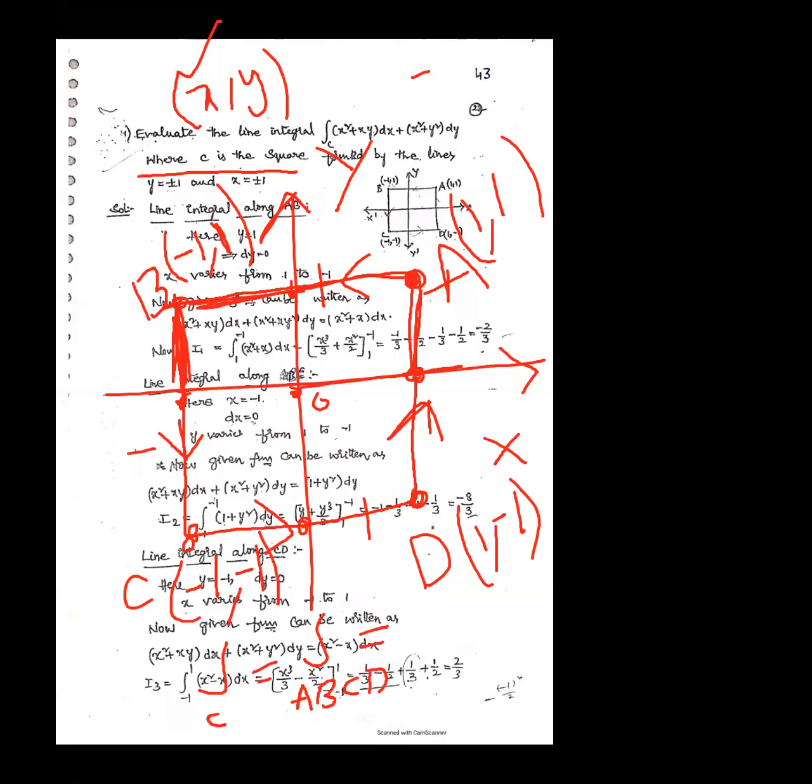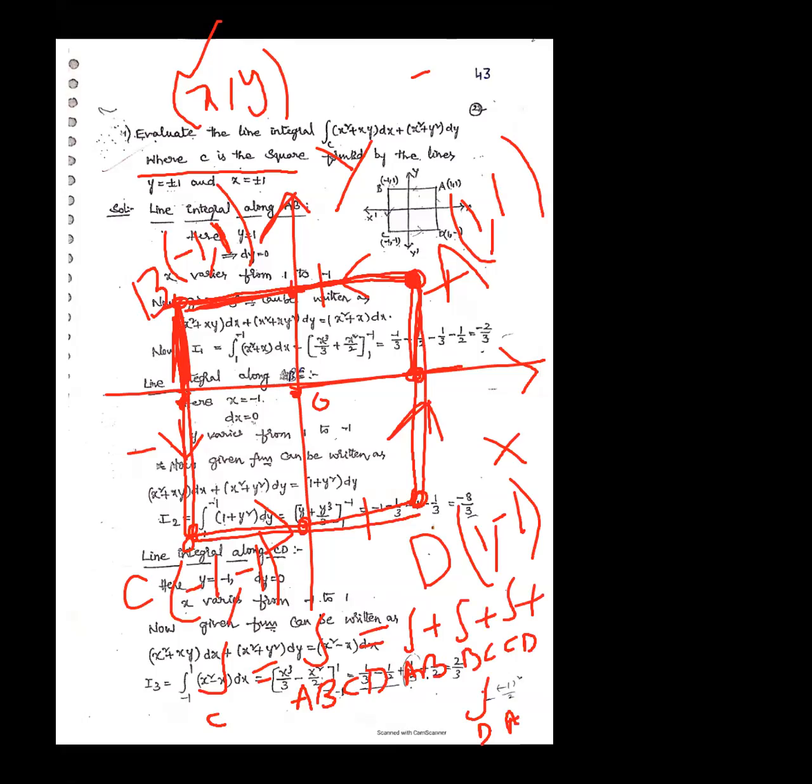So we find first AB, then BC, after that CD, finally DA. So we split the line integral: first the line integral over AB plus the line integral over BC plus CD and DA. This is the required result of the given problem.